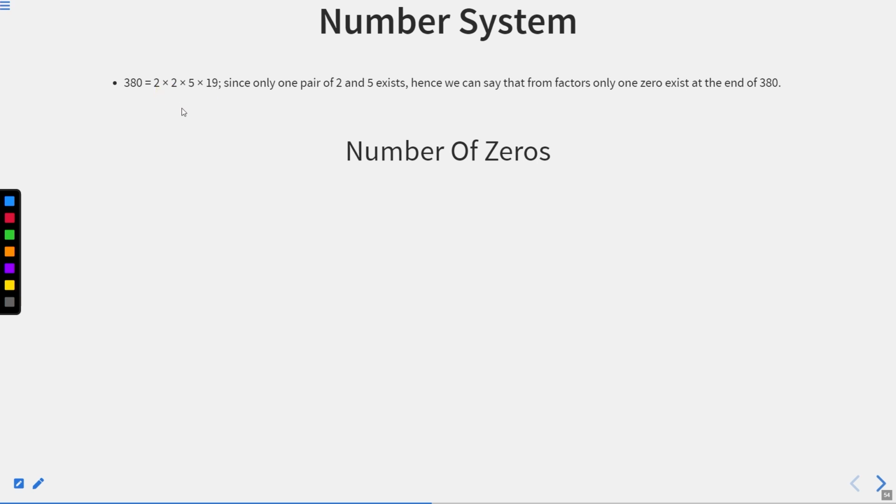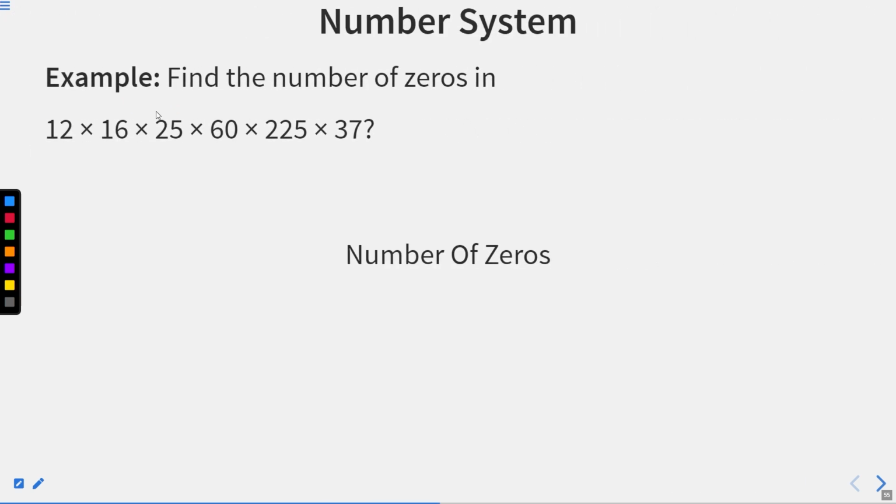But since we have only one 5, we can only use one 2, and the other 2 will just be lying like this. So we have only one pair. In that case, we can say that only 1 zero exists at the end of 380. This can be easily seen directly also. We don't need any calculation here, but let's see ahead.